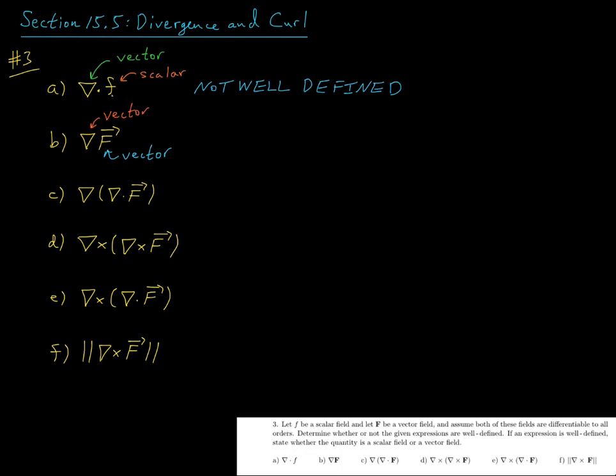That would just be the gradient of little f, and that would make sense in the way that we perform scalar multiplication. But here with a vector and a vector, the products that we have defined between vectors are the dot product and the cross product. There's no indicated form of product here in relation to one of those given products, and so this is not well defined either.